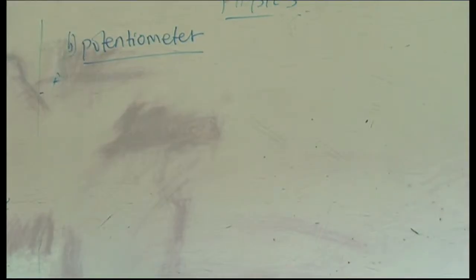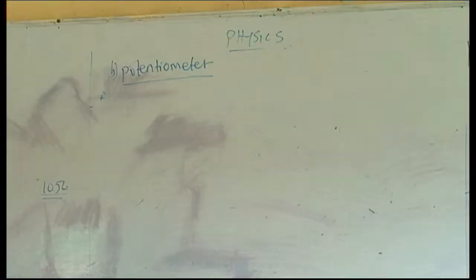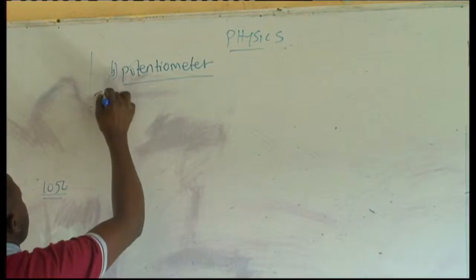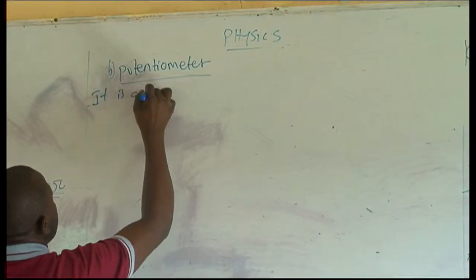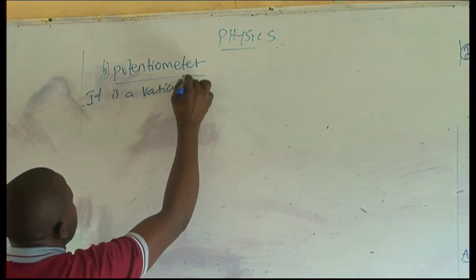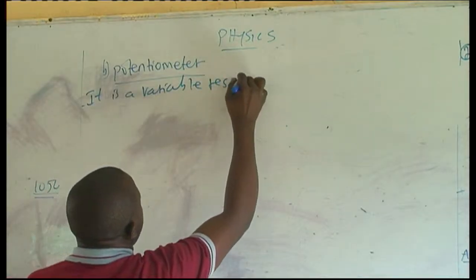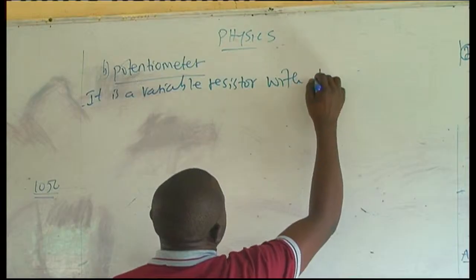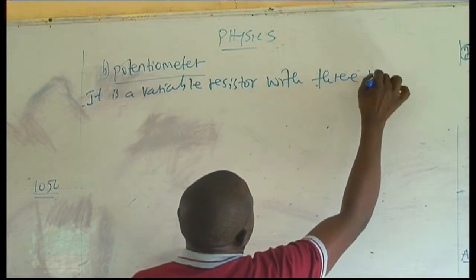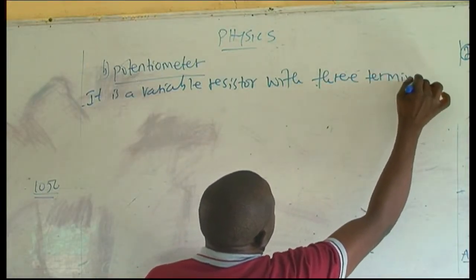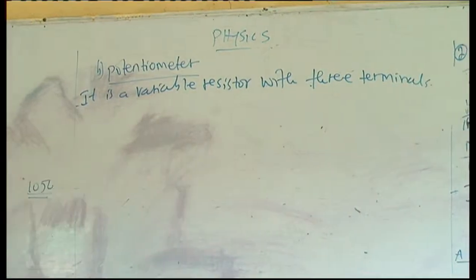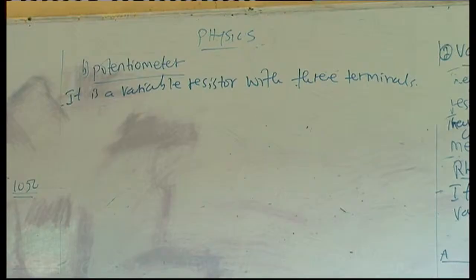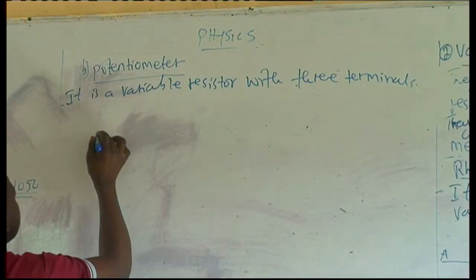So it is a variable resistor, yes, but with 3 terminals, unlike the rheostat there, and it therefore looks like this.